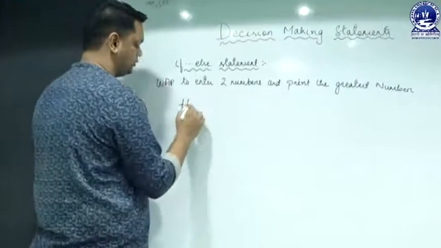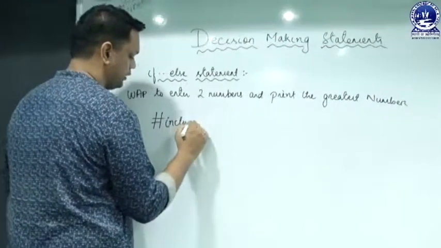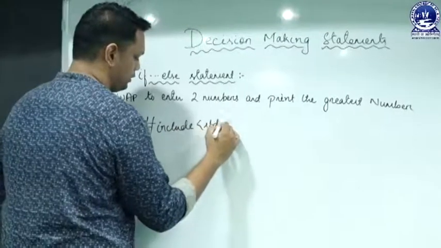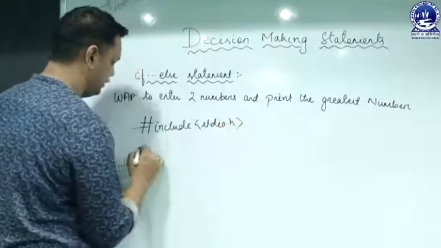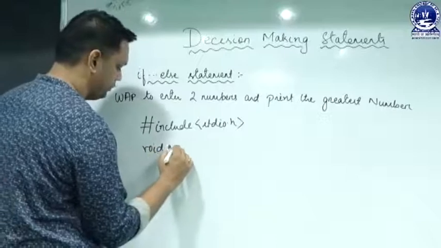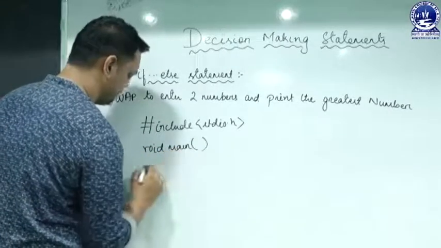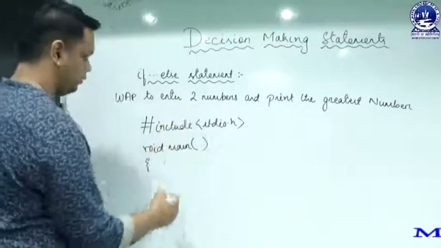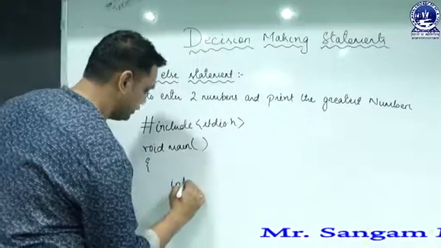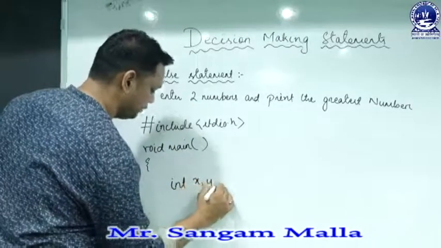Our program starts with #include <stdio.h>, which is the general structure of a C program. Then next comes void main. We have to enter two numbers, so I will take two variables, let's say int x and y.